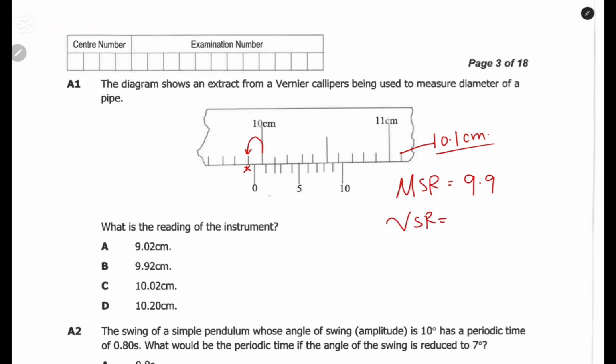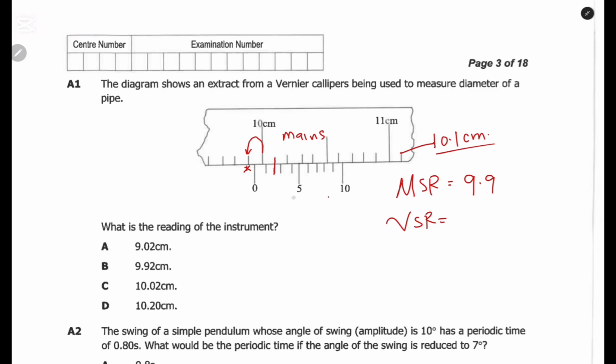Then the vernier scale reading, how do we find it? For the vernier scale, you look at where the main scale and the vernier scale are coinciding. To find the reading here, you find the vernier coincidence. This is the line that is continuous from the main scale to the vernier scale. That is where you pick the reading.